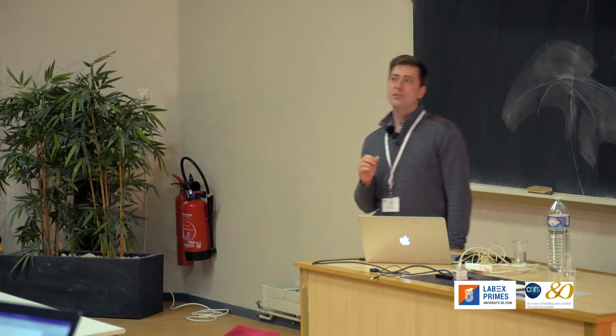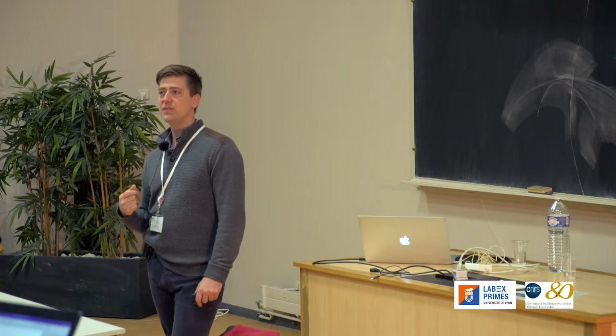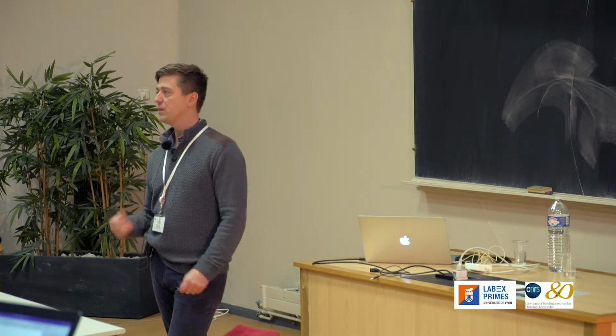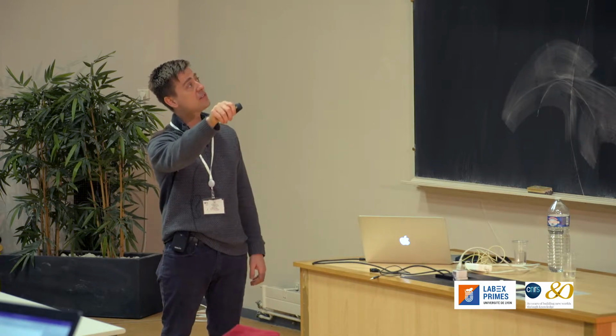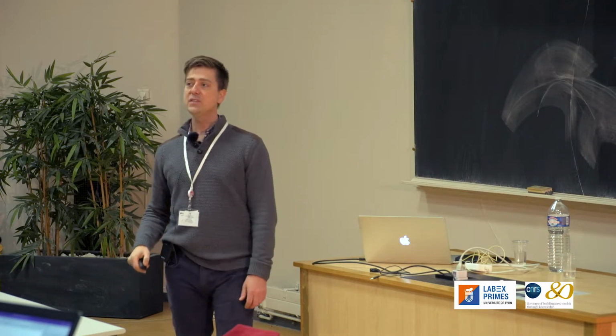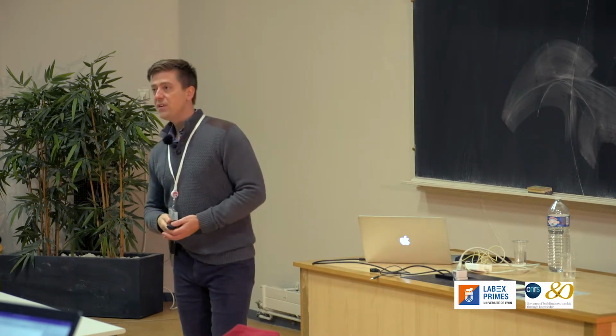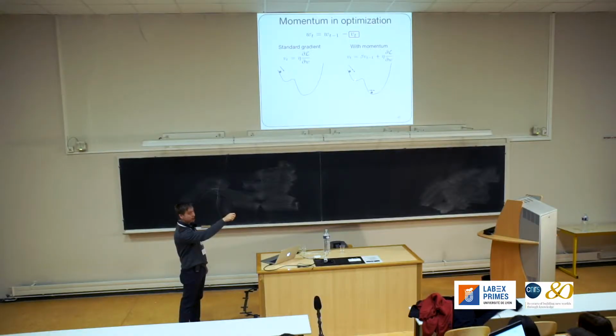There's a better way of doing things, which is to add momentum. The best way of seeing what momentum does is thinking of a hill and a ball rolling down the hill. What's going to happen is the ball starts moving slowly, but the further down the hill it goes, the more it will accelerate.